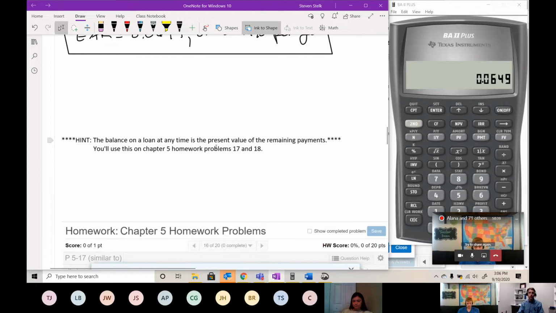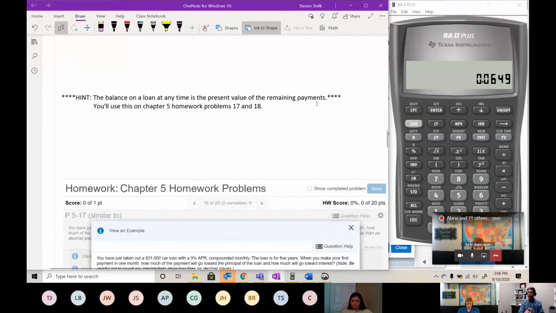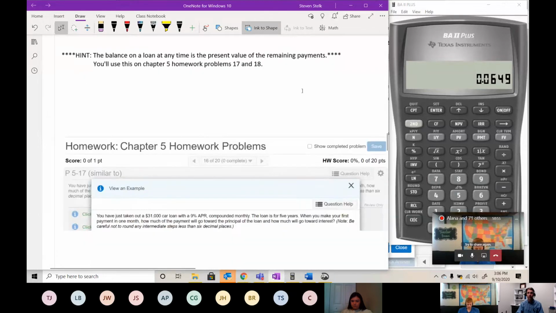I know for sure that you'll use this trick on numbers 17 and 18 in the chapter 5 homework. We're not going to do those together. I want you to work through those, and then we can talk about them next week if you get stuck. So the balance on a loan at any time is the present value of the remaining payments.